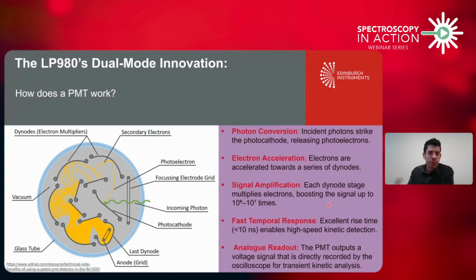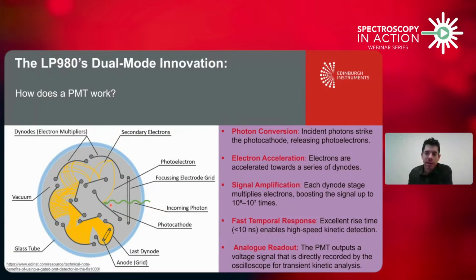So that was for one detector of the LP980, the iCCD, and now let's move on to the PMT. How a PMT works: photons strike the photocathode, releasing photoelectrons.